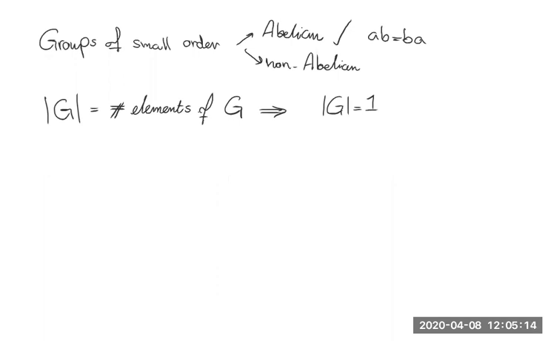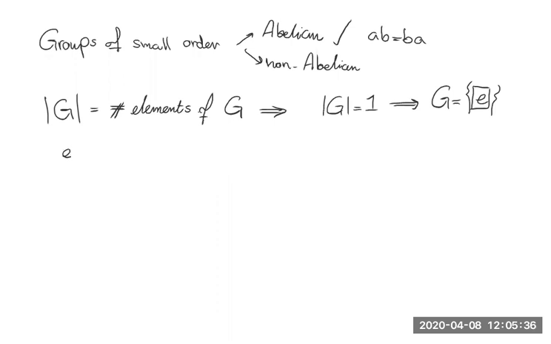You can unmute yourself. We can discuss it now. Only the identity element? Yeah, that's the only thing, right? If a group has one element, there should be just one thing here. But we know any group is supposed to have an identity element. So it would be just the identity element.